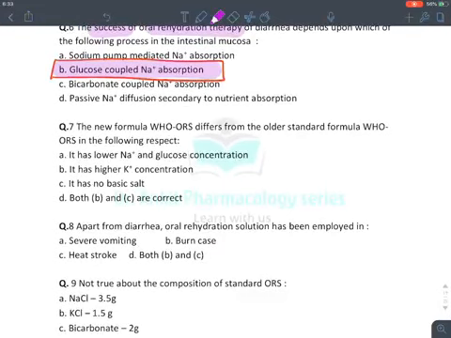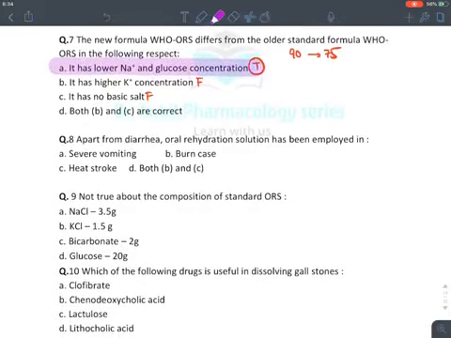The new ORS formula differs from the older standard WHO formula in that it has lower sodium content. It's absolutely true. Earlier it was 90, now it is 75. It has higher potassium concentration? The answer is false. It has no basic salt? False. It has trisodium citrate. So the answer out here is A.